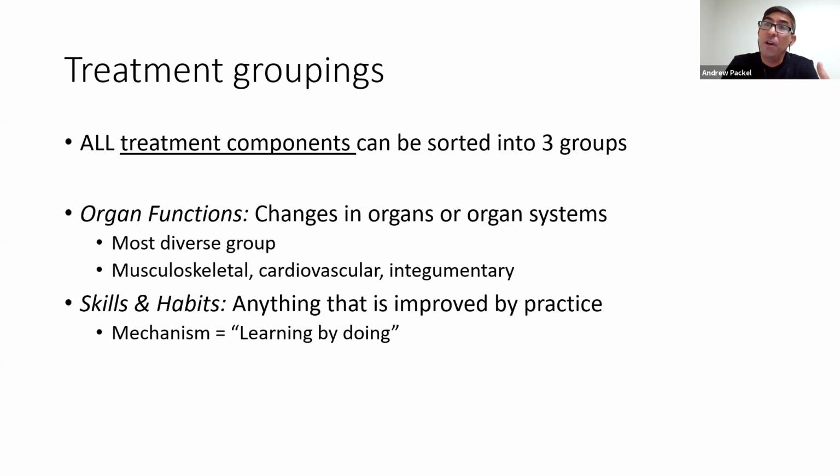What is the mechanism? How does practice lead to improved skill? The best way we have of identifying this mechanism is learning by doing, but at least we know there is a consistent relationship there. We know that when people do get the right kind of practice, they do make a change in their skills. So there's an established association there, even if we can't be more specific about what that actual mechanism of action is.